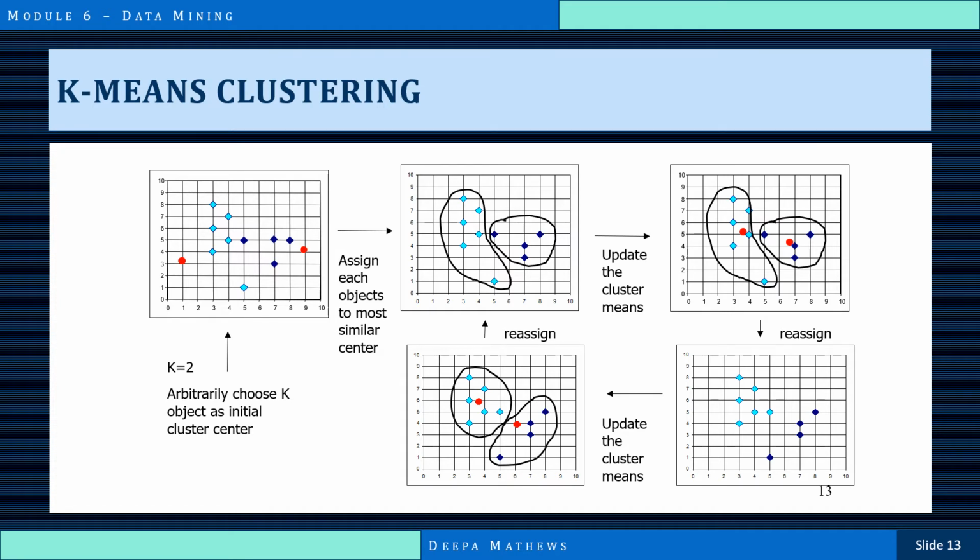We are calculating the distance between the point and the mean point, and based on that value we are assigning each object to the most similar center. After forming the clusters, we are recomputing the cluster means and repeating this process. We are reassigning the objects to the most similar center, and we will repeat this until there is no change in the cluster shape or in the cluster means.